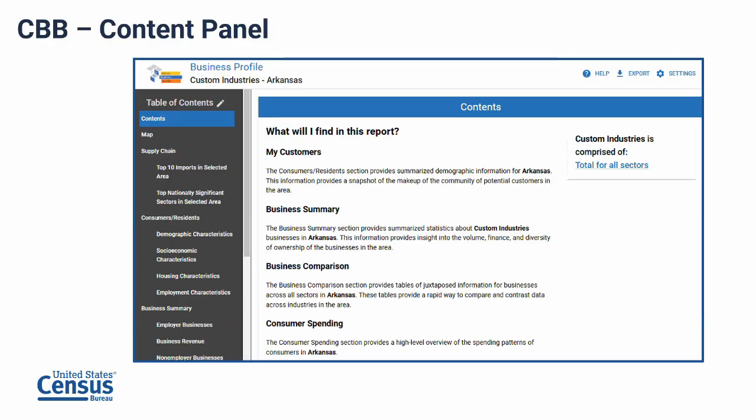The title at the top confirms the selected geography and industry sections. In this example, you can see Arkansas was the geography selected, and I was looking for total for all sectors, so you'll see that here on the report.